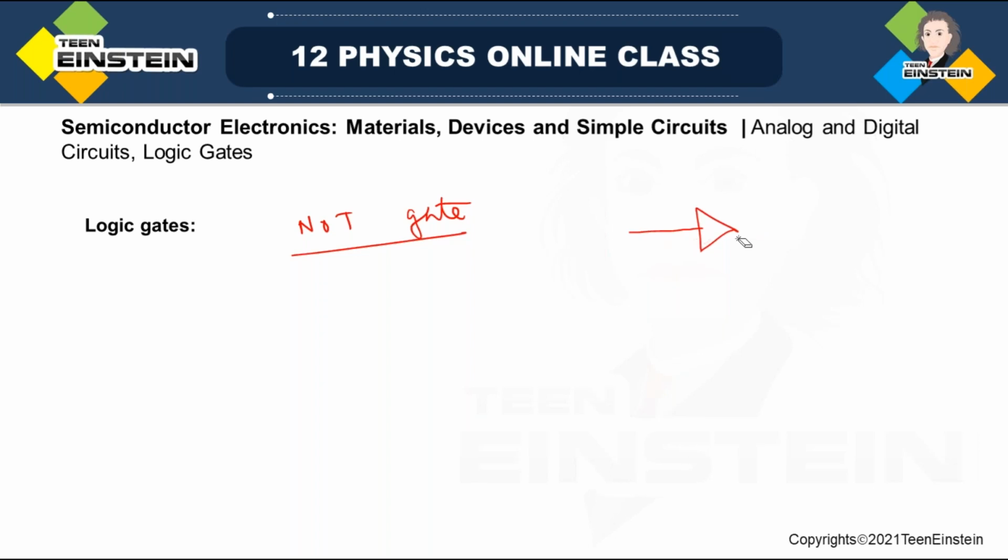Instead we'll give a bubble over here, and then like this. So this is the symbolic representation of NOT gate. This left hand side is represented as input, and this represents output.